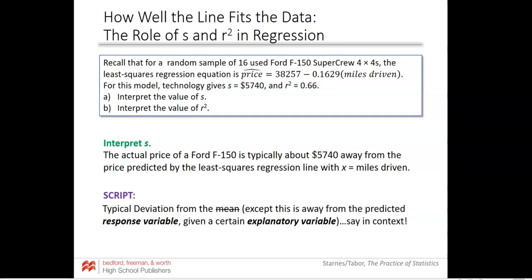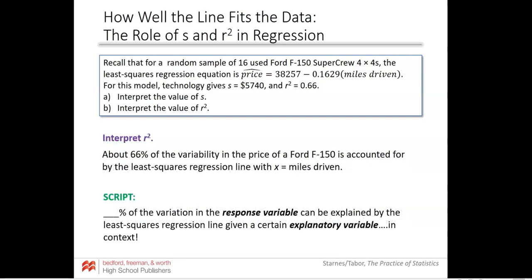Say that in context. So something like that would be fine. Again, you don't have to go exactly in the same order. I'm not worried about that, but you kind of get the idea there of melding the definition of standard deviation and residuals together, because it's the standard deviation of the residuals.